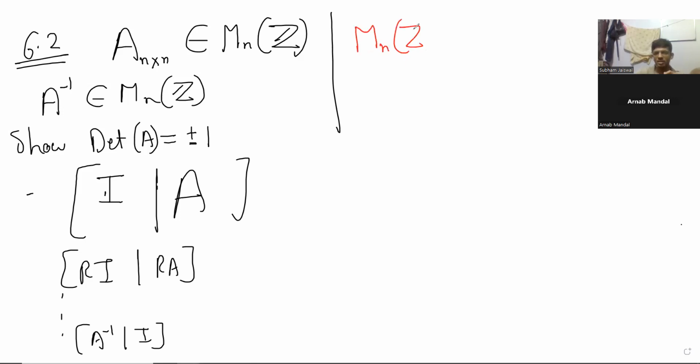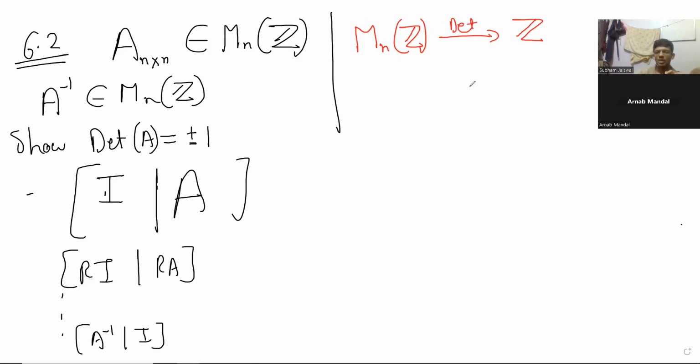You look at this. This is a ring, correct? And then you look at the determinant map, it goes here.